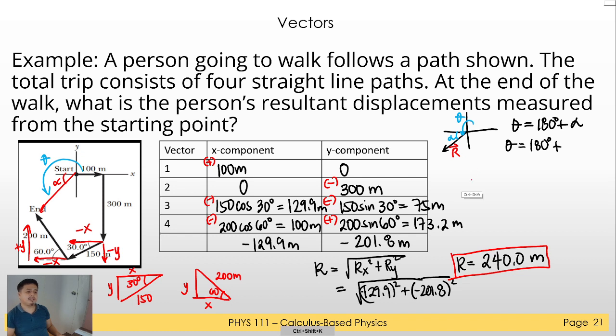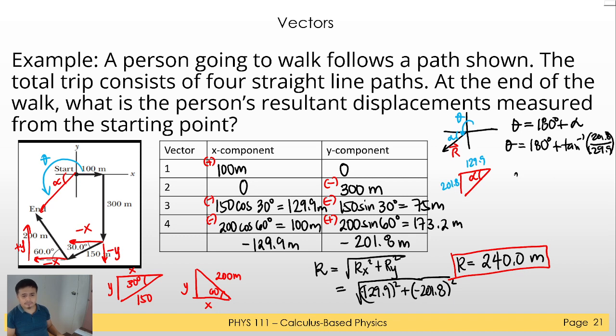So how do we find alpha? This is alpha. We have the coordinates here for x and y. So this is negative 129.9 and this is 201.8. Although we assume that this is positive, so let's make this positive so that this angle will always be positive. So we have arctangent of 129.9 over 201.8.